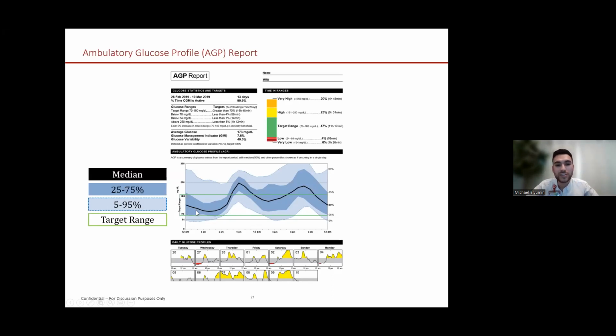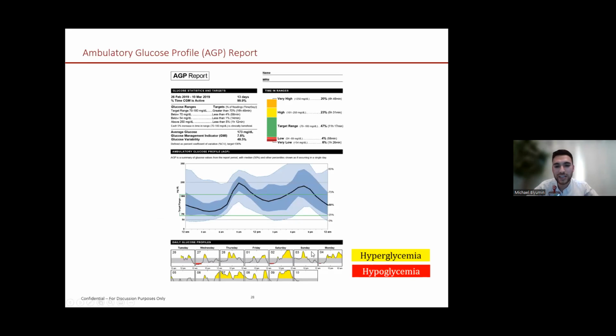The numbers in the dark blue, those are the readings in the 25 to 75% of the range. And then the numbers in the light blue are really, if you take all of the glucose numbers, 5 to 95% of those readings are within this range. So just by looking at this, we can see it's very variable. So the middle line is very far from the edges of these other lines.